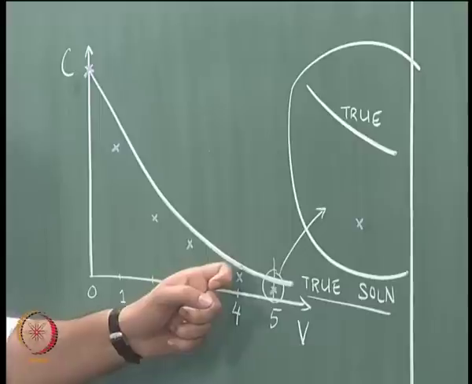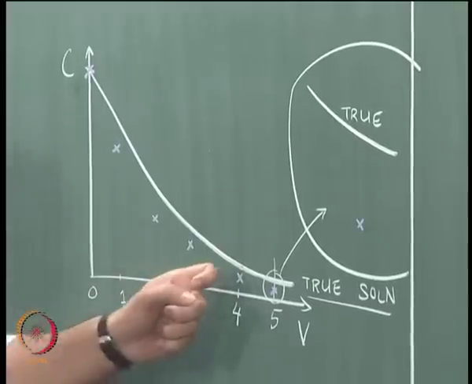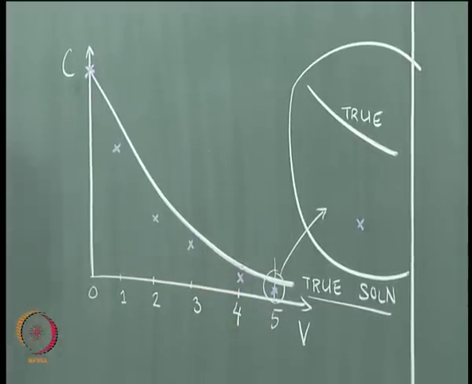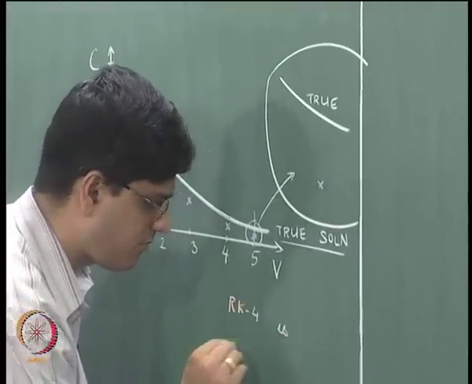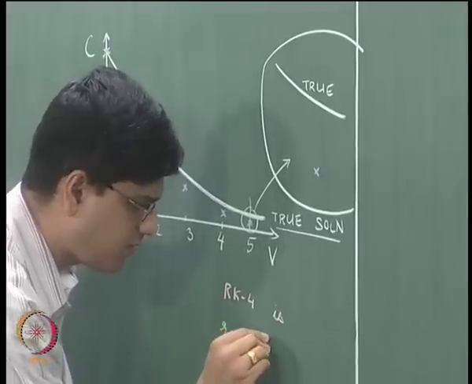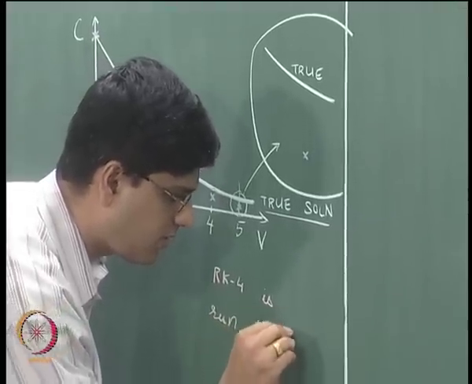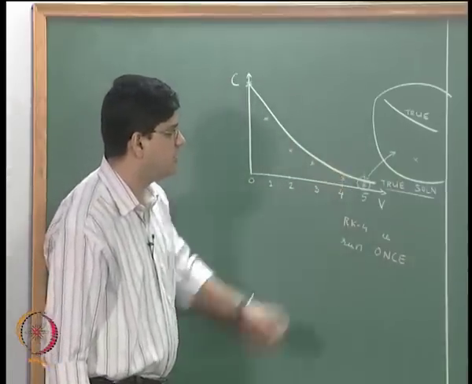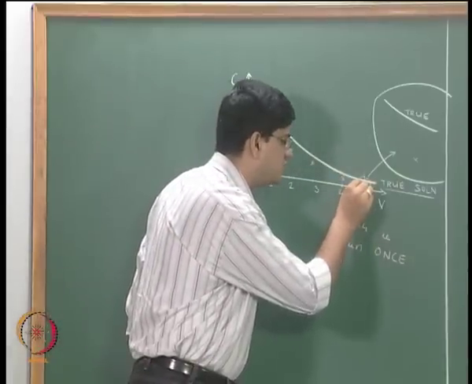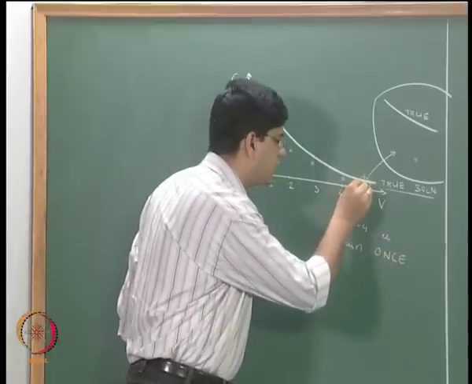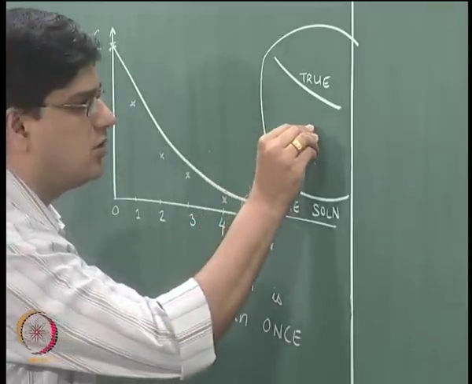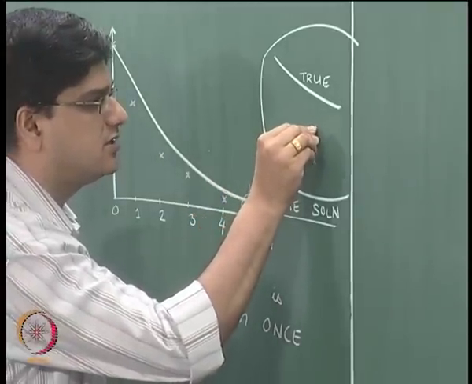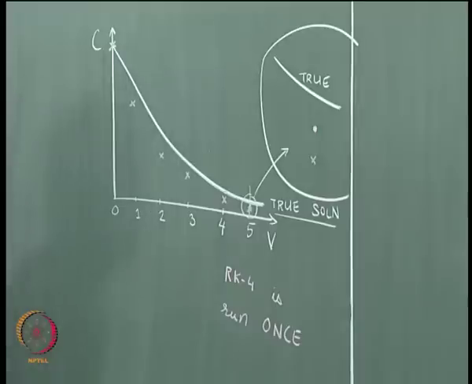So if we restart this RK4 method at the true value and run this RK4 method once, okay, then from this point the next point that we get, the next numerical solution ends up being over here, this particular dot that I have shown, and when we blow up this particular picture, what we get is really that this dot ends up over here if we had started with the true value, okay.